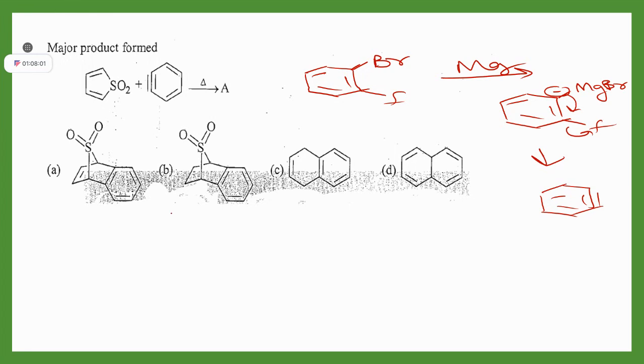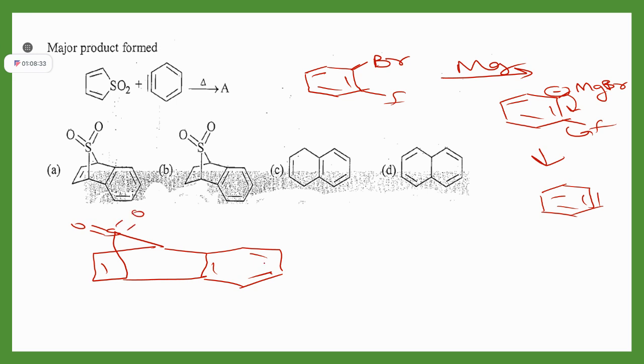And after that they will undergo 4 plus 2. So pericyclic reaction questions always come combined with organic intermediates like carbene, nitrene, benzyne. So at first you will get this product, sulfur attached to two oxygens, right?